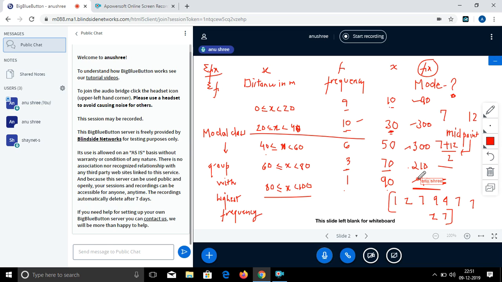When you add all these five numbers, what value will you get? 990. Yes, that's correct. It's 990.